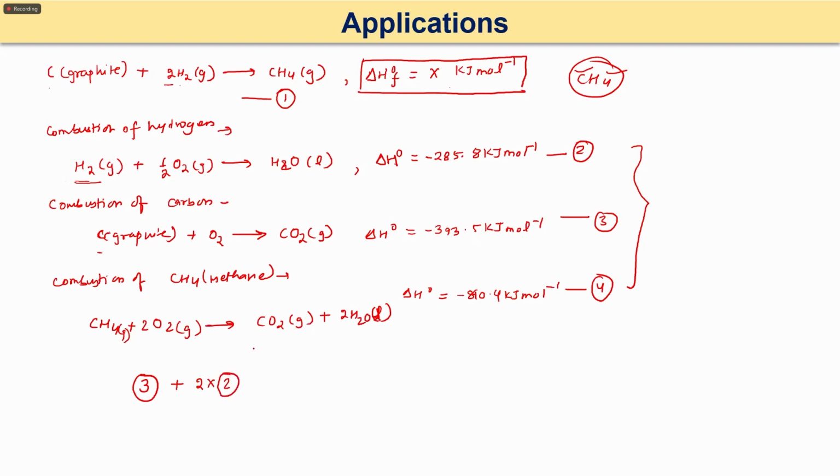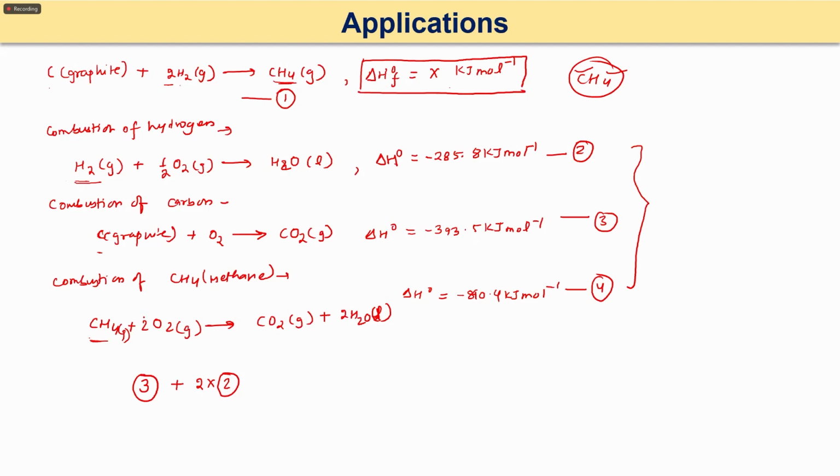Next, we want CH4 on the right side, but here methane is on the left side.